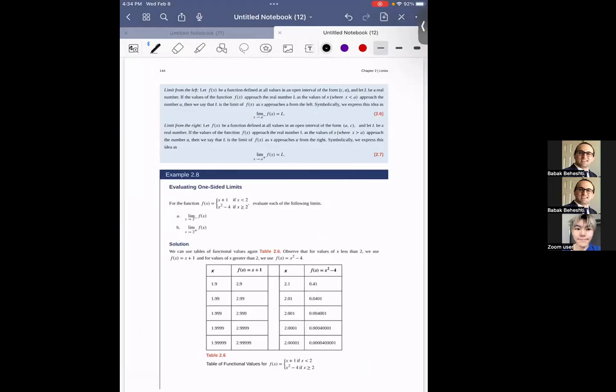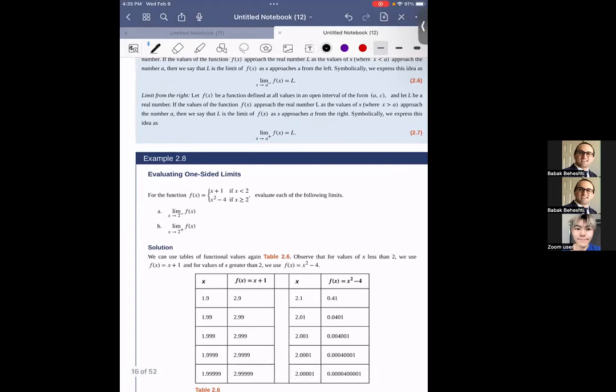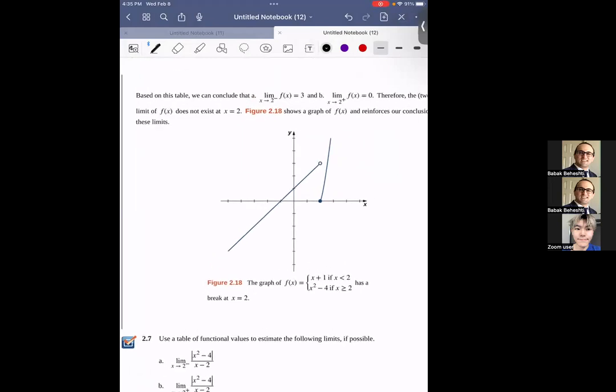You have a function f of x that is defined as x plus 1 for x less than 2, and f of x is equal to x squared minus 4 if x is greater than or equal to 2. Here is the graph of f. We want to find the limit when x goes to 2. This is the point 2.